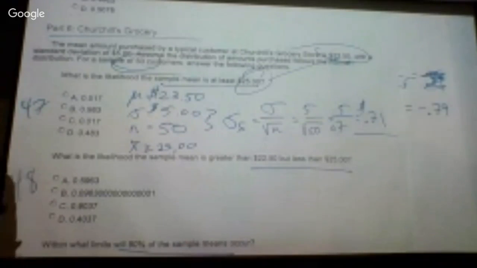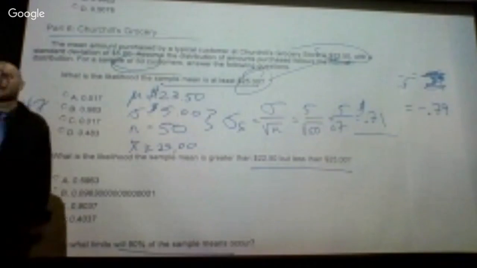Anybody see the answer already? Not quite, a bit too much. 71 cents is my standard error. What's my sampling error? John, what's my sampling error? 23.50, that's my mean. 25, that's my other mean.